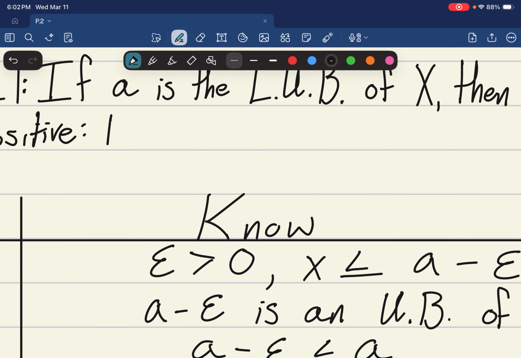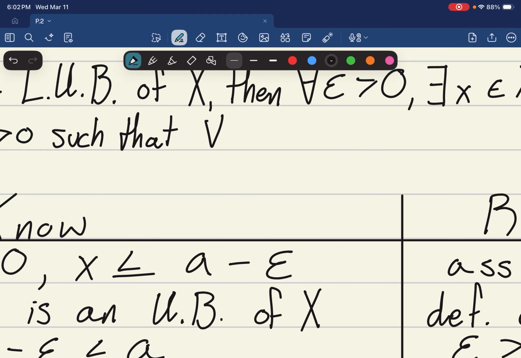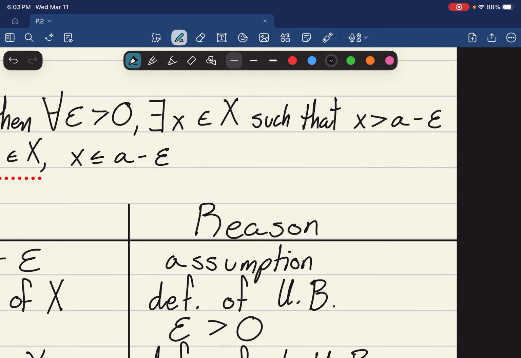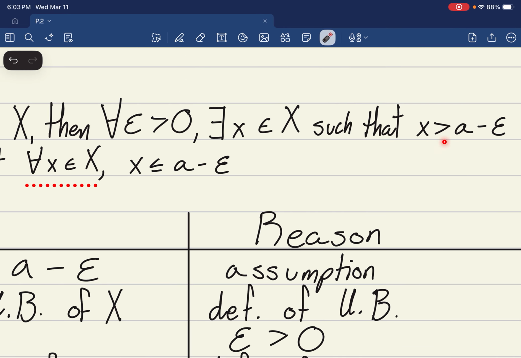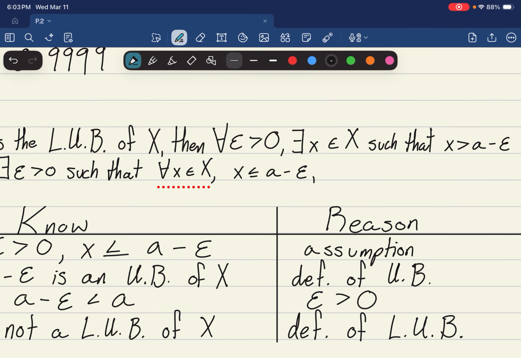So we will begin with our conclusion that we are negating. So if there exists epsilon greater than 0 such that for all x within our set X, x is less than or equal to a minus epsilon, and that came from negating our inequality over here. And now we're going to negate our hypothesis.